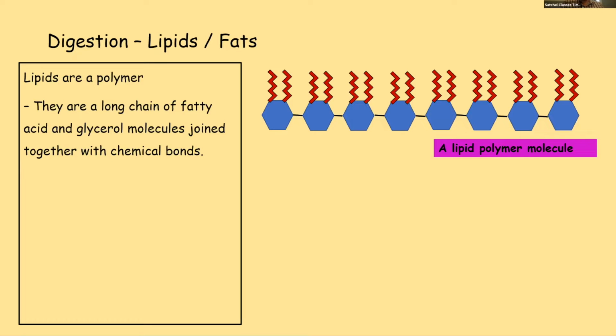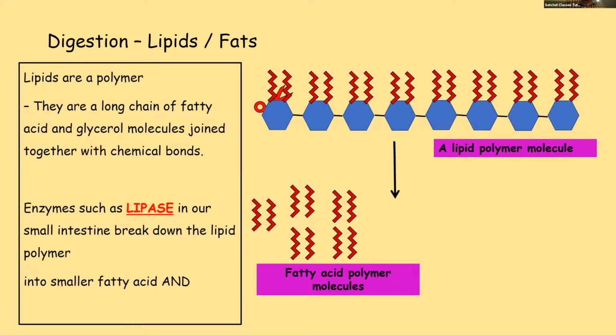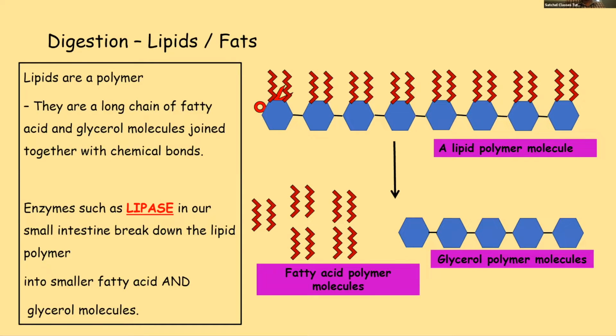So the fatty acids are represented by the zigzag tail and the glycerol molecule at the head. Enzymes such as lipase for lipid, and ase is the name of pretty much any enzyme, break down a lipid polymer, and now it's snipping it there. And what we get is smaller fatty acid and glycerol molecules.